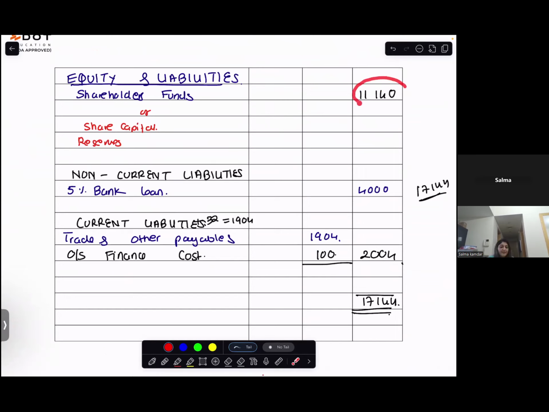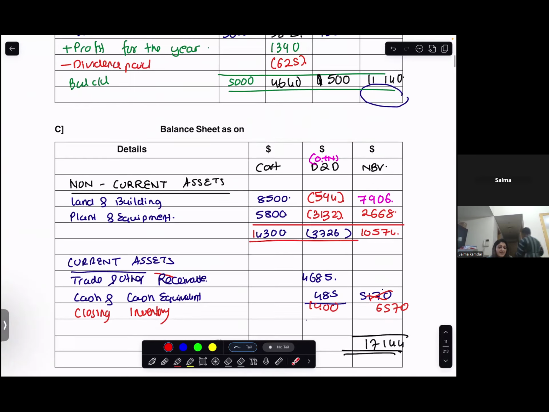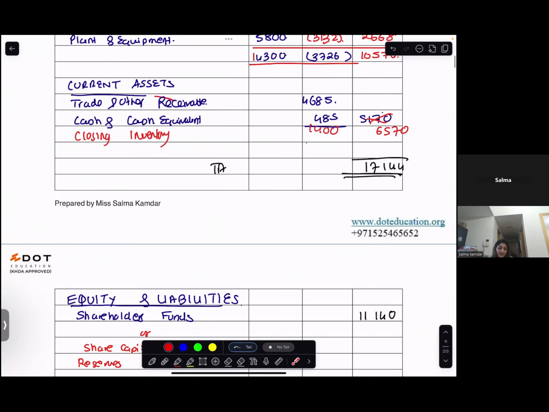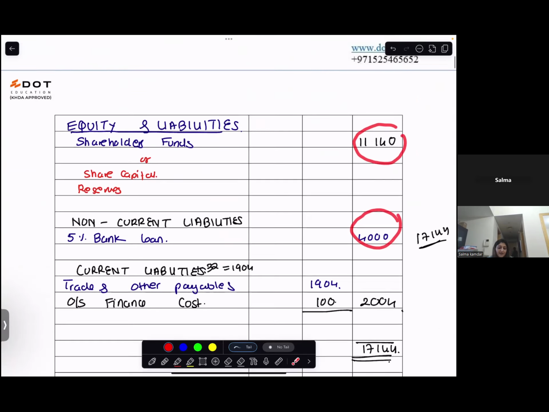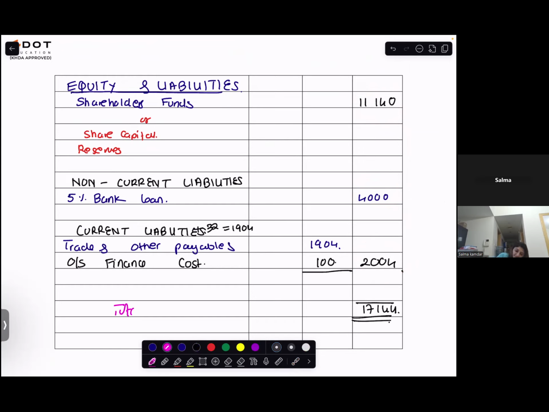So my shareholders' funds 11,140 I got from my SOCE. My non-current liabilities 4,000 and my current liabilities was 2,004. If I add all of this, I get total equity and liabilities as 17,144.